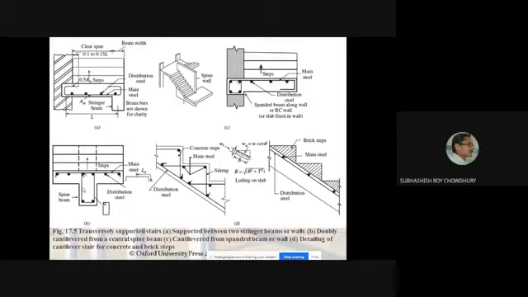You may think that if dead load and live load are considered over both sides of the steps, this moment and this moment will get balanced by each other, and ultimately no torsional moment will come over this spine beam.